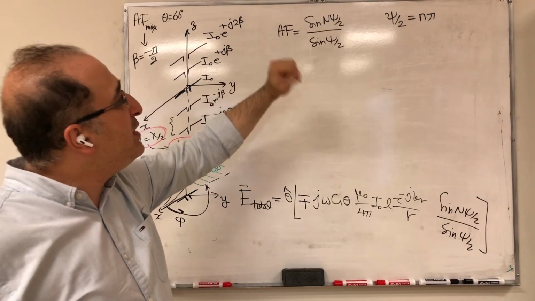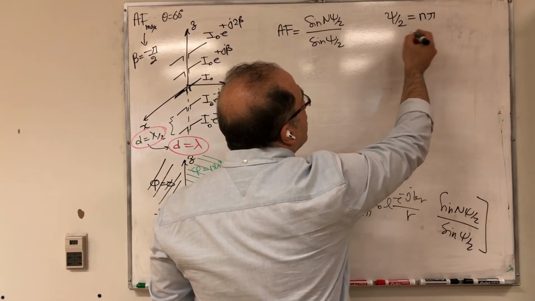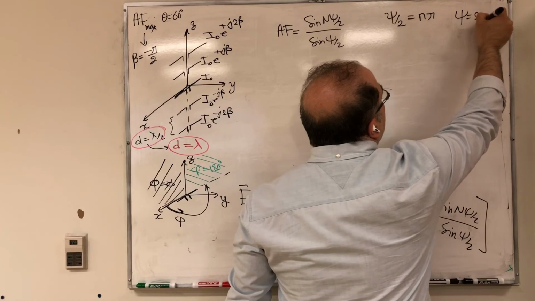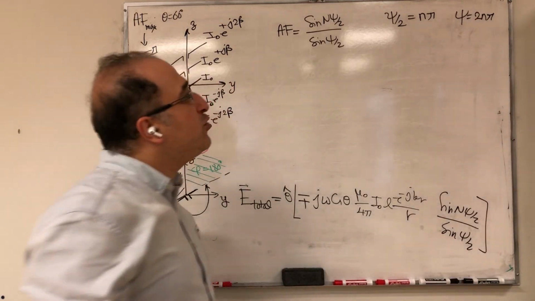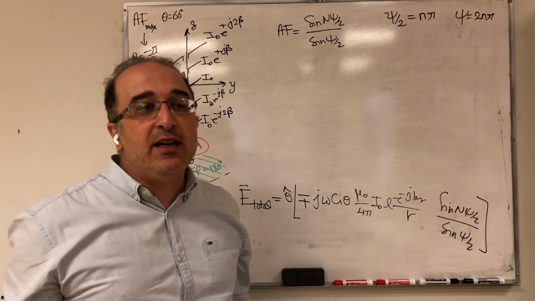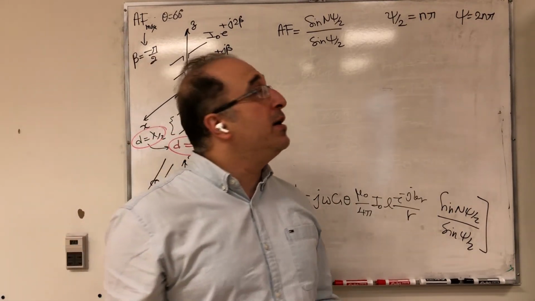From a physical point of view, psi divided by 2 equal to n pi is the same as saying psi is 2n pi, and any multiple of 2 pi is essentially in phase. So things are arriving in phase, and therefore you get the maximum.